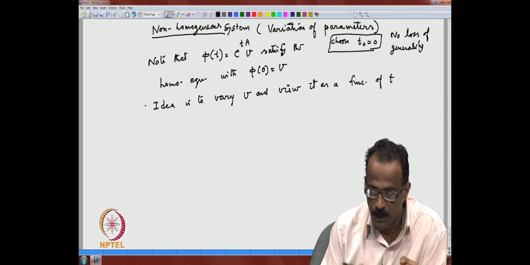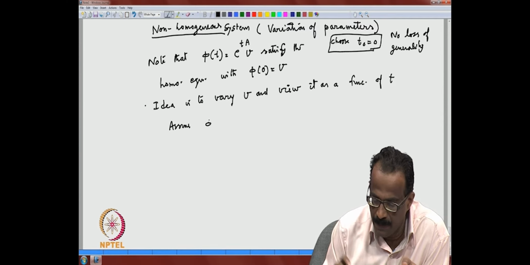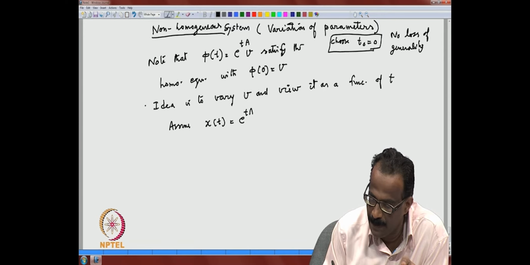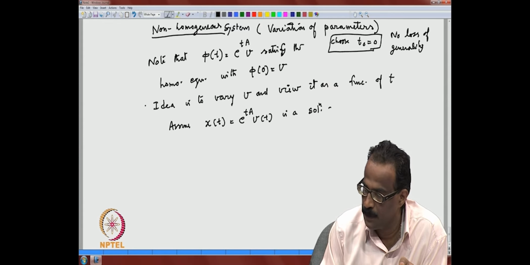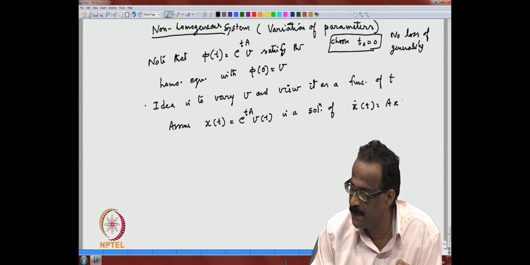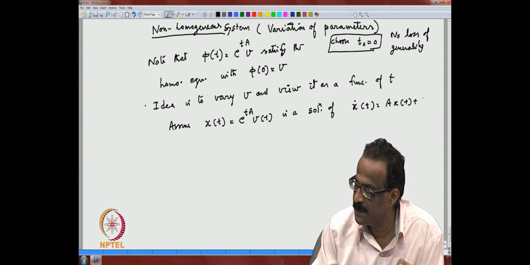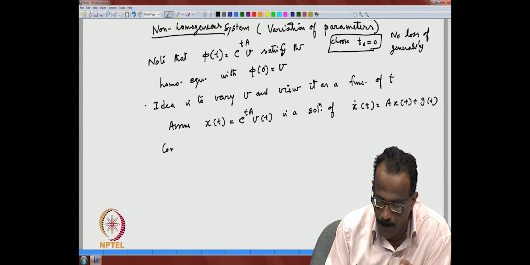This might give it. So assume x t is e power t A into V t is a solution of the non-homogeneous equation, x dot of t is equal to A x t plus g t.